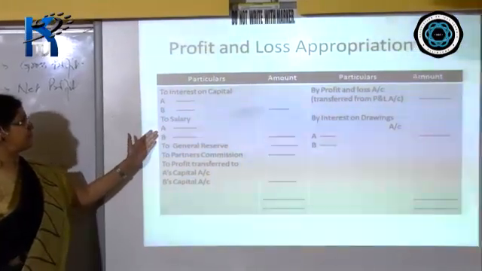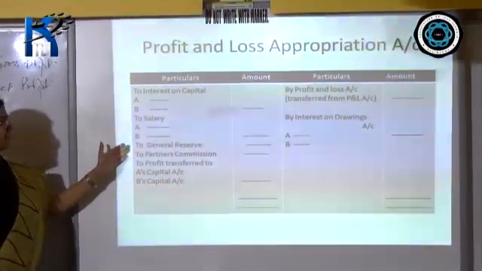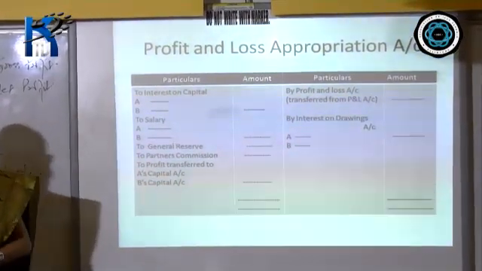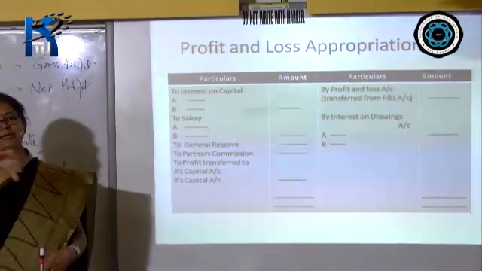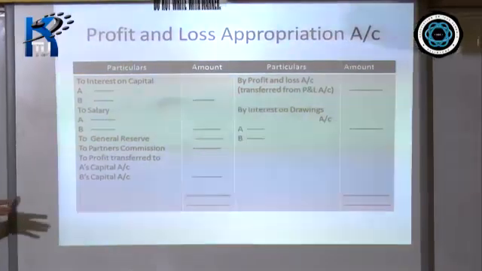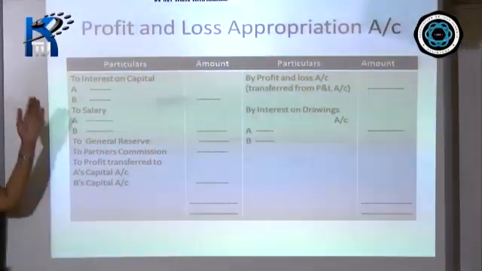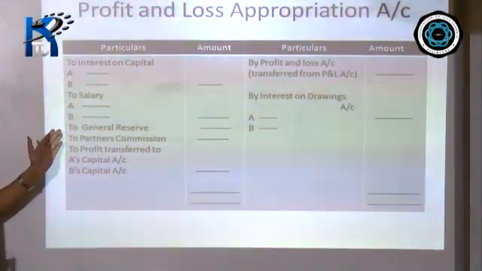Giving salary to the partners is an expense for the firm. Taking out general reserve. Now, what is the basic meaning of general reserve? Out of the net profit, some portion of the profit is kept aside for meeting contingencies and other related expenses. So, from the net profit, some part is transferred to the general reserve.